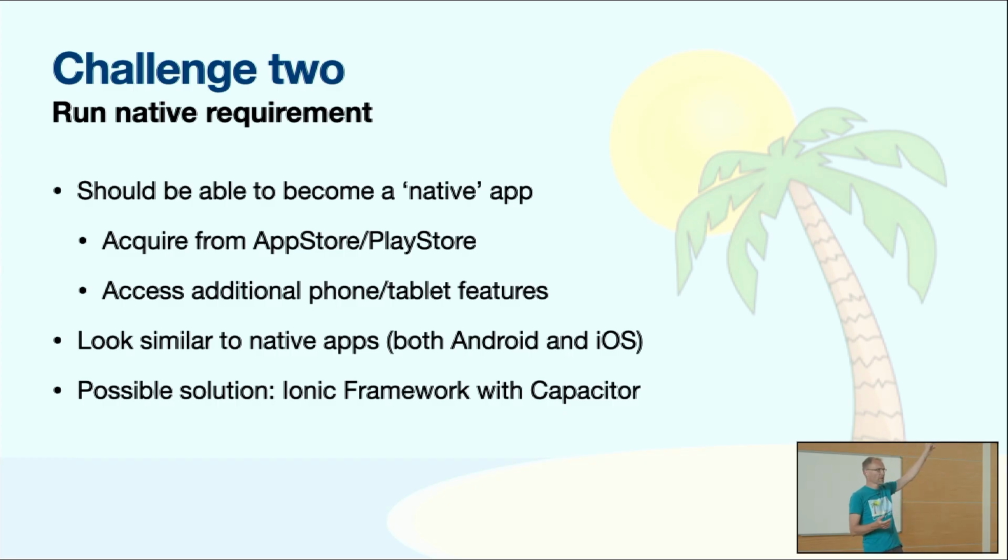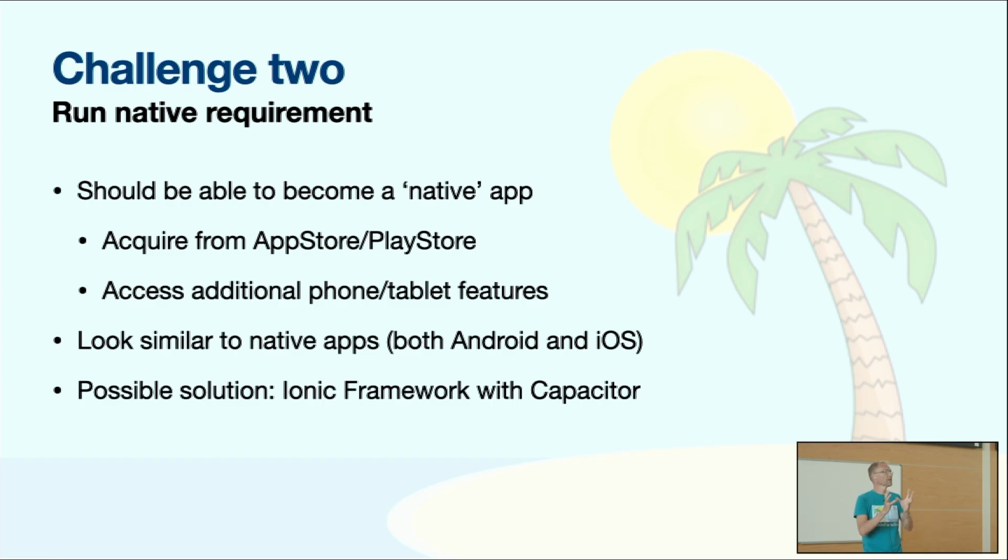Anyone familiar with the Ionic framework? A number. So it already allows you to create apps that look native, both on Android as well as iOS, and it offers a tool called Capacitor, which allows you to nativize an application. It's similar to Cordova.